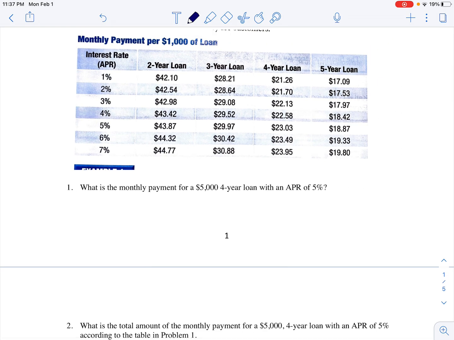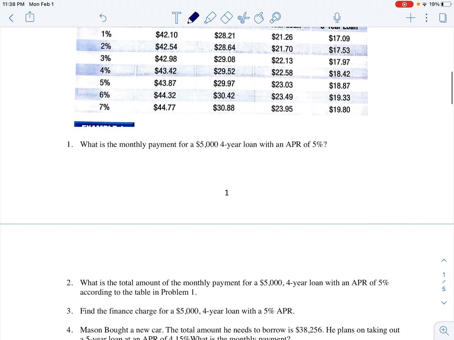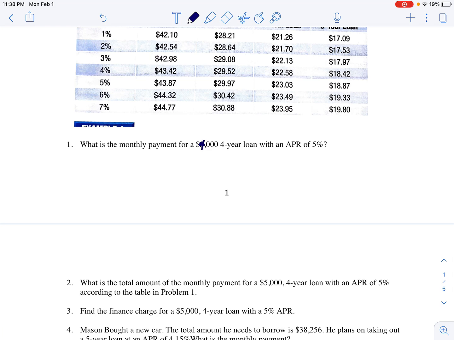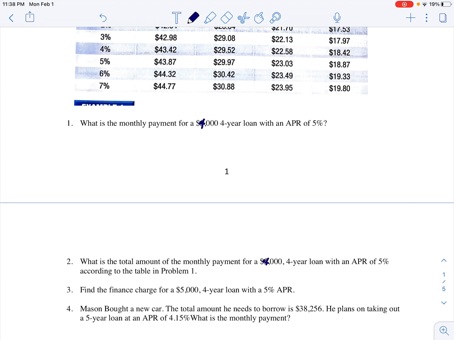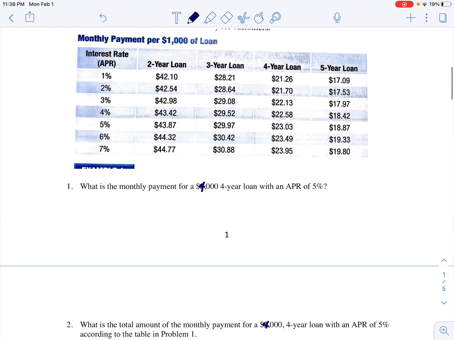Okay, so we want to take a $5,000 4-year loan. Okay, so on here, oops, that's another typo. It's supposed to be a 4,000. Sorry about that.